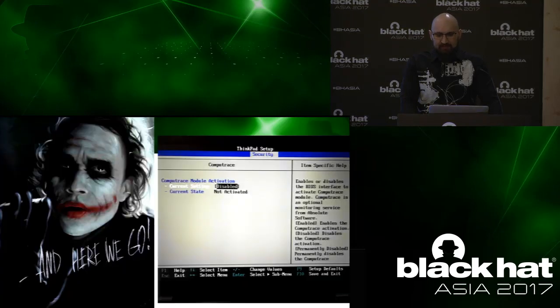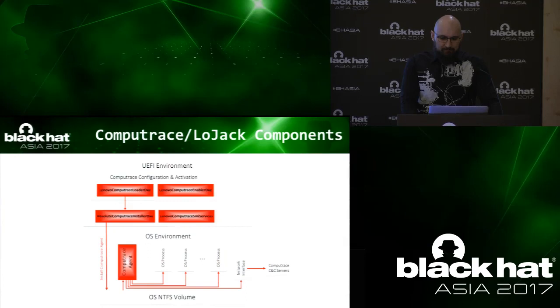But let's discuss how it works. It's activated from the BIOS, and here we go. The architecture of Computrace looks like this.